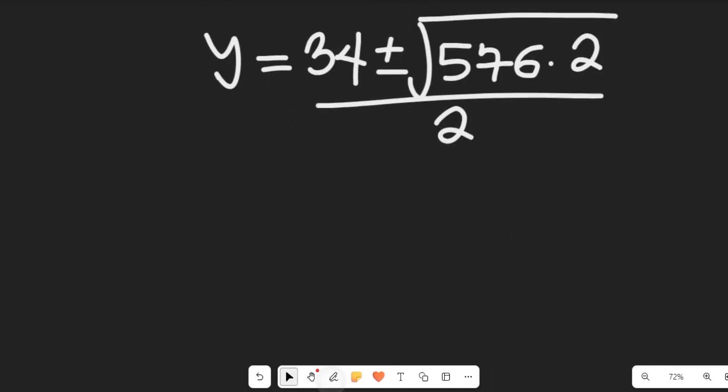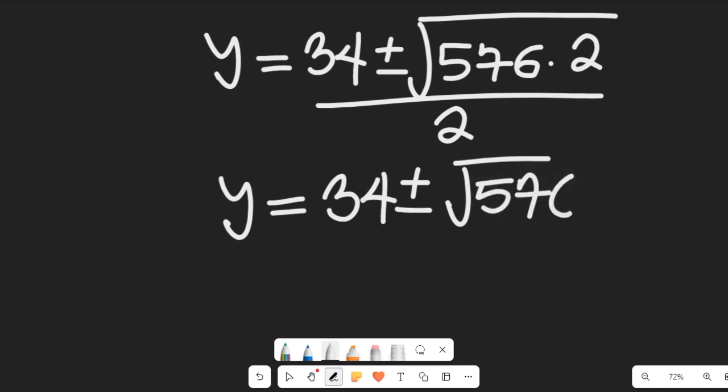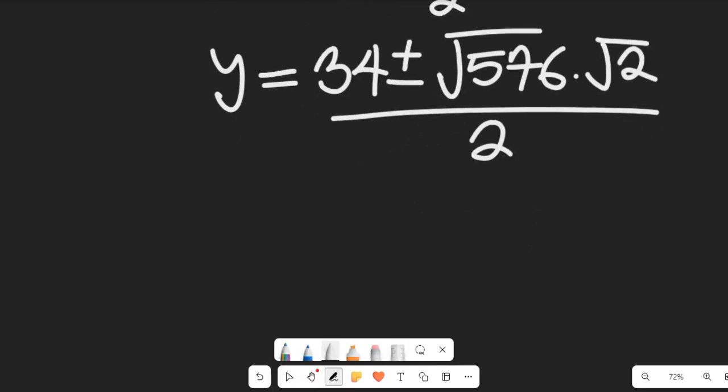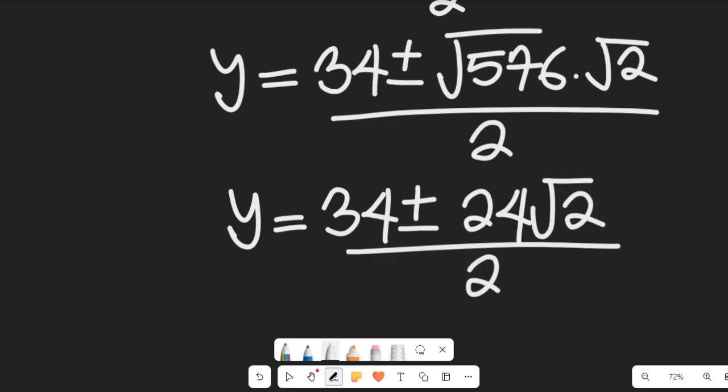The value of our y will now be equal to 34 plus or minus the square root of 576 multiplying the square root of 2, and all of these will be divided by 2. So the value of our y will be equal to 34 plus or minus, the square root of 576 is going to give us 24, so 24 square root of 2, and all of these will be divided by 2.